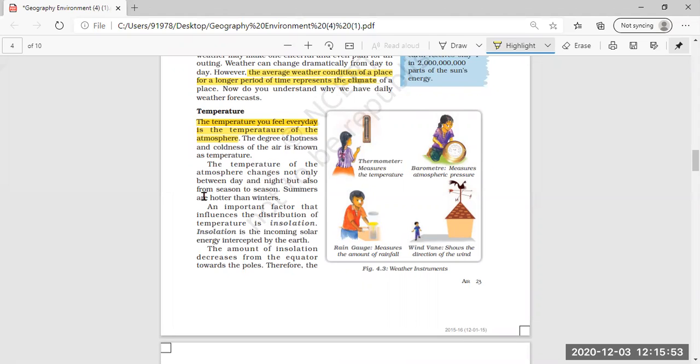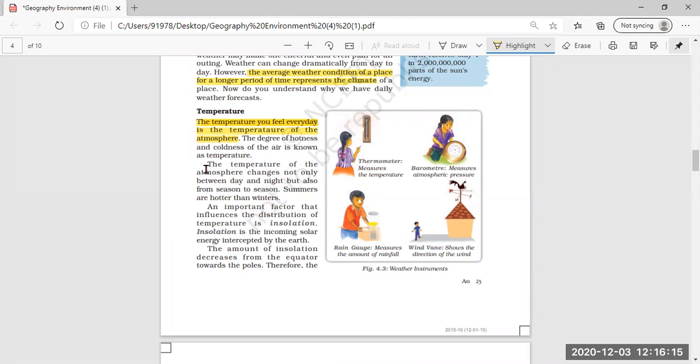The temperature of the atmosphere changes not only between day and night but also from season to season. Seasons such as summer and winter: in the summer season the temperature is very hot, whereas in the winter season the temperature is very cold.